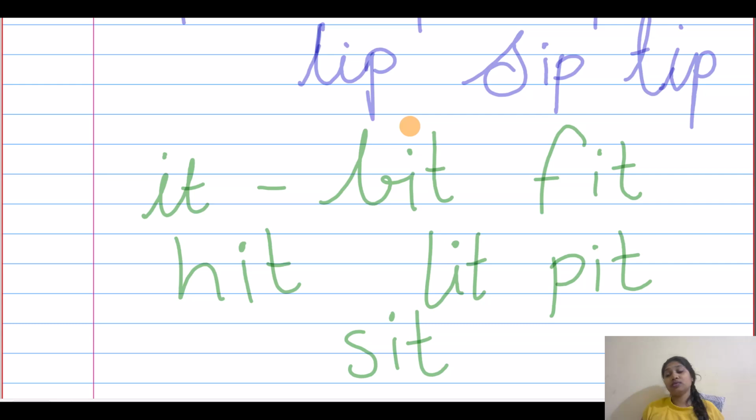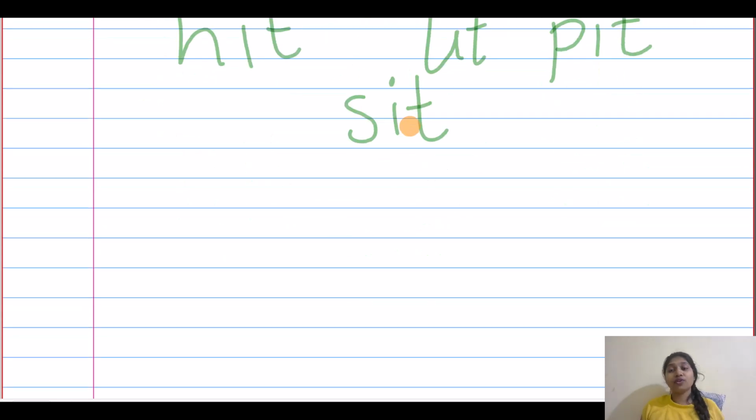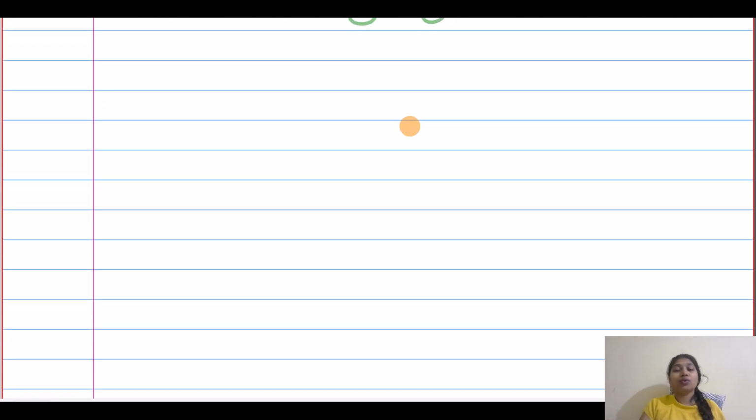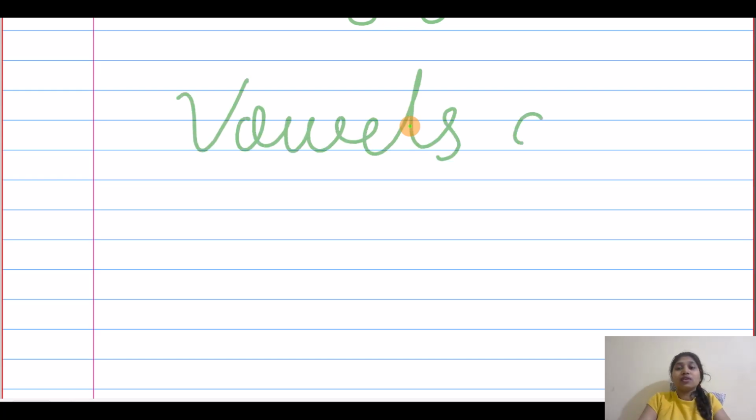I hope this class is helpful for you. So, what did we learn in vowels? A, E, I. Now next, O. O sound is o, o, on, on.